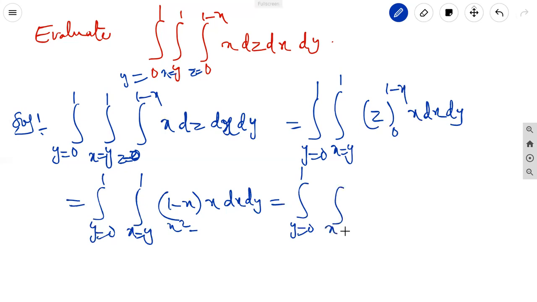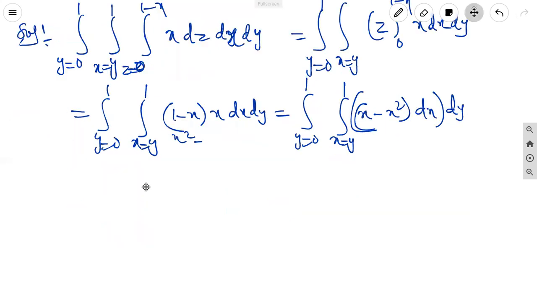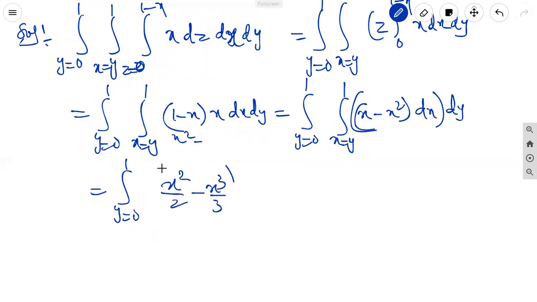Integral x equals y to 1, x minus x square dx, dy. Now integrate. The integration of x is x square by 2, the integration of x square is x cube by 3, limits from y to 1, dy.